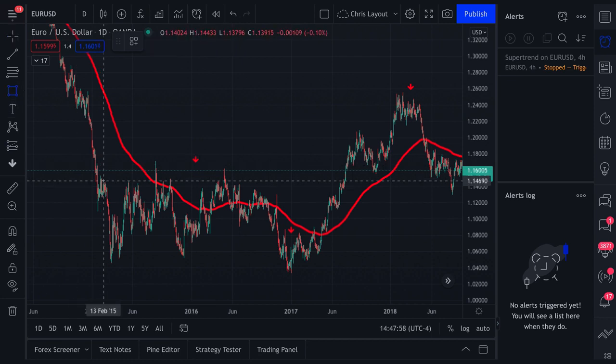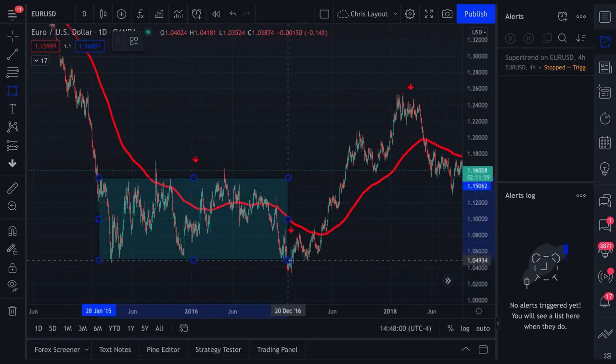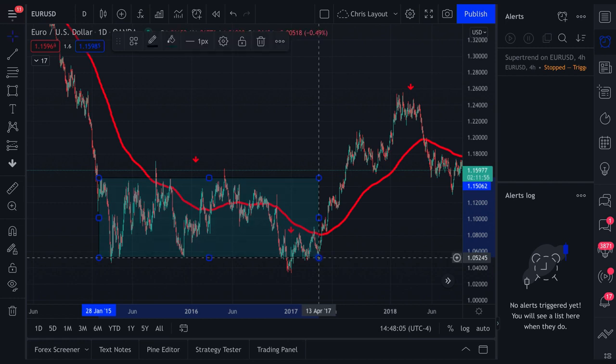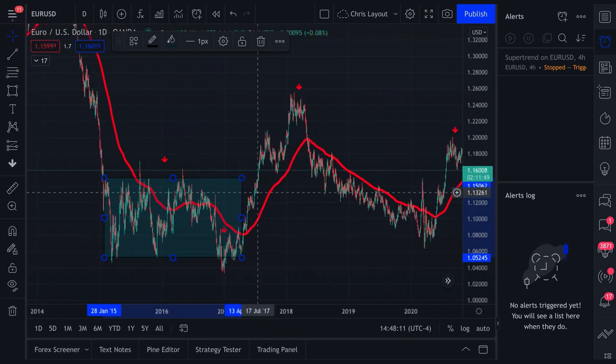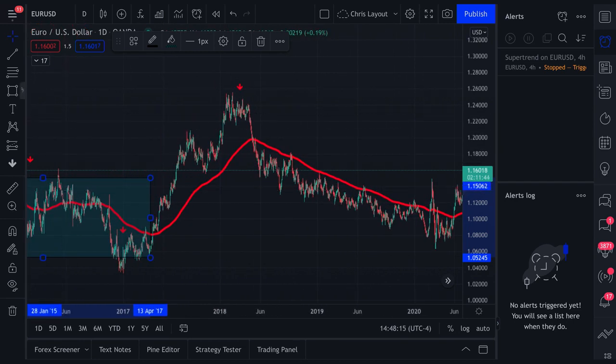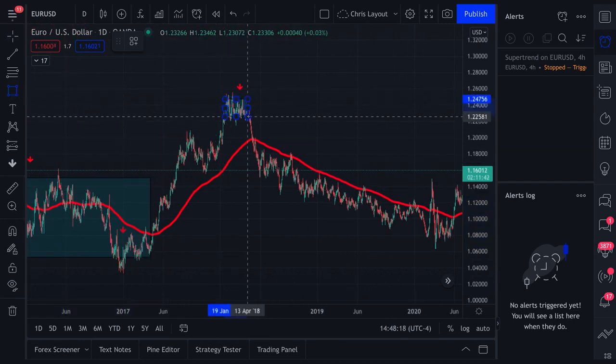You could literally throw a line right here and you could see that it was just trading in that area for a while, not going up or going down, and then when it exited that area, it went all the way up. And then you have a smaller one right here, right?